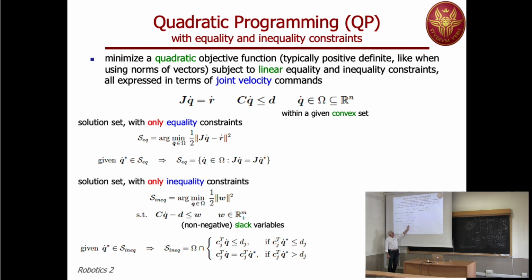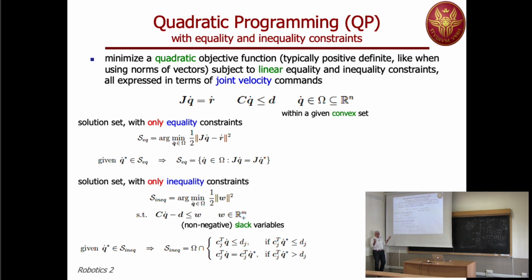Of course, if possible, if Q dot star is actually a solution of the original set of inequalities, W will be 0, and Q star satisfies CQ dot star minus D less or equal than 0. But if this is not possible, we take the best possible Q star, the one that minimizes the slack variable, so that violates the least in norm the set of constraints. So this is one possible solution.